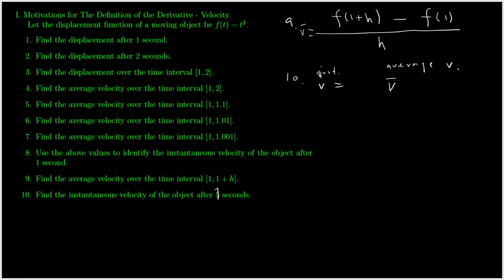In question 9, we got the average velocity over a tiny time interval from 1 second to 1 plus h seconds. Now in question number 10, we are looking for the instantaneous velocity. Now I'm looking for the connection between v and v bar. If it's hard for you to write, you can speak up or you can tell me a term. I'm just looking for one term.